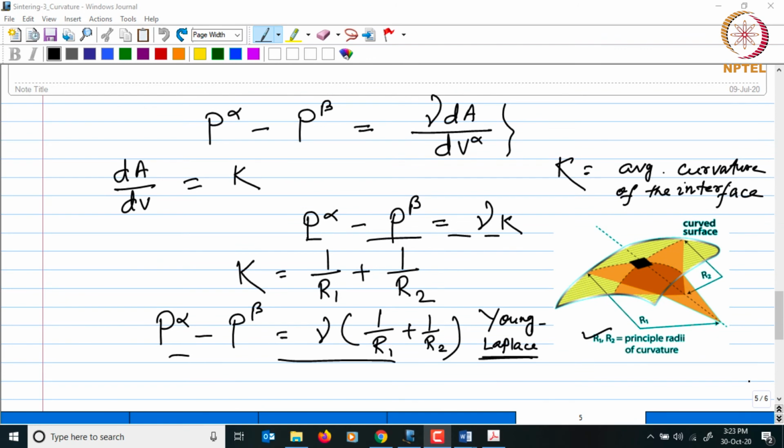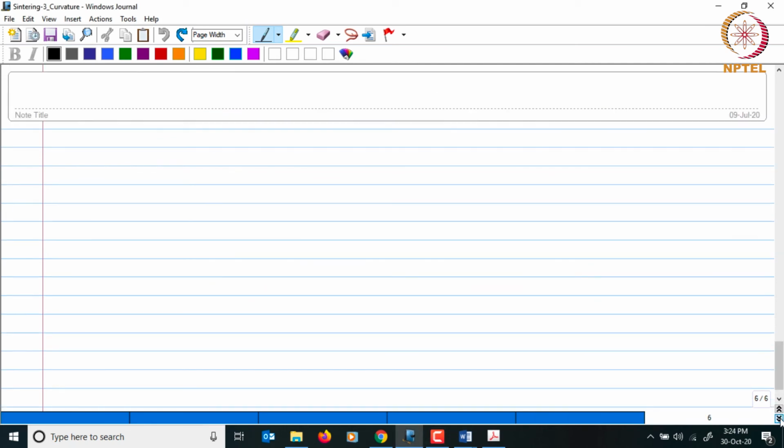It basically describes the stress on a curved surface. Now the vacancies and atoms beneath a curved surface will have their own chemical potentials, and this chemical potential can be altered by the curvature of the surface. And this change in the chemical potential can be shown to be as follows. For the vacancies, it can be given by this expression over here.